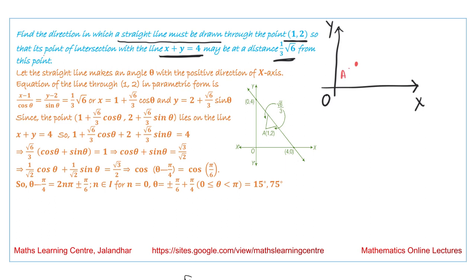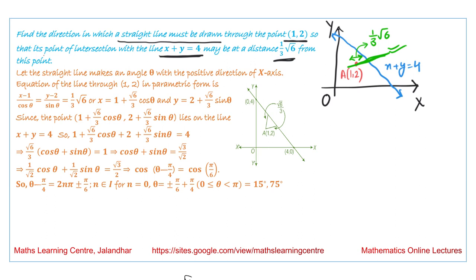This is the point A, and we are talking about the line x plus y is equal to 4. We want to draw a line from this point so that the length of this portion is 1/3√6. We want to find the direction in which this line must be drawn.